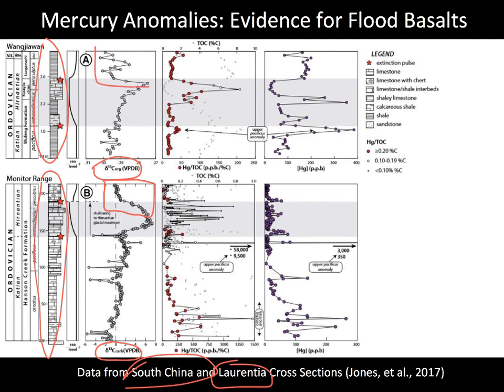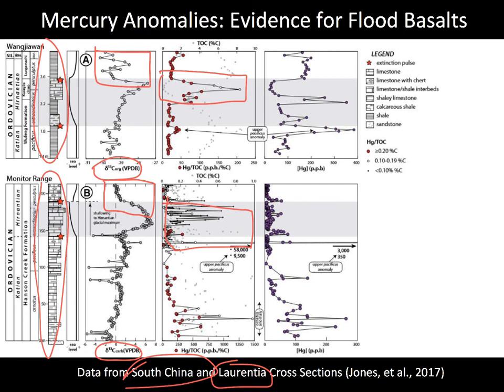And what they're finding in these cross-sections is that immediately preceding this negative delta C13 excursion is a dramatic uptick in the amount of mercury in those rocks. So this supports the idea that there was supervolcanism, large flood basalt style volcanism, during the end Ordovician that could have potentially, in combination with the glaciation, led to mass extinction.